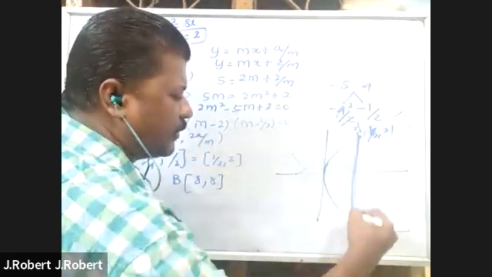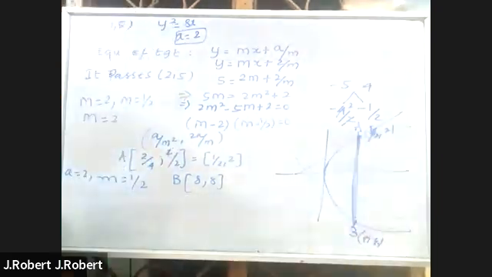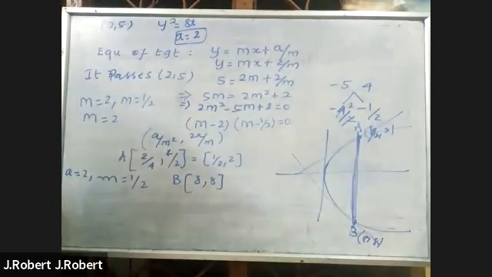Now I am going to find out this chord of contact. இப்போ A-ன்றது ஒரு பாயிண்ட் ஆஃப் கான்டாக்ட், B-ன்றது ஒரு பாயிண்ட் ஆஃப் கான்டாக்ட். இது ரெண்டுத்துடைய லென்த்.